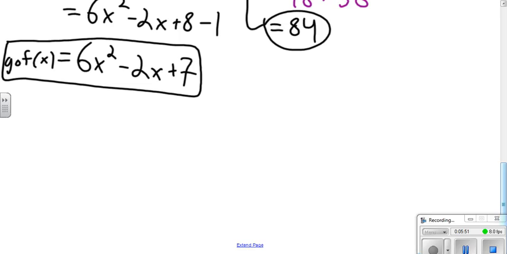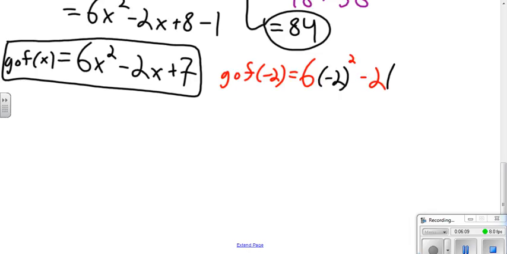Now working on our g of f of negative 2. g of f of negative 2 means take what we have here, and wherever we see x, just plug in negative 2. Negative 2 there, plus 7. Now we just solve this out. Negative 2 squared is 4, so 6 times 4.